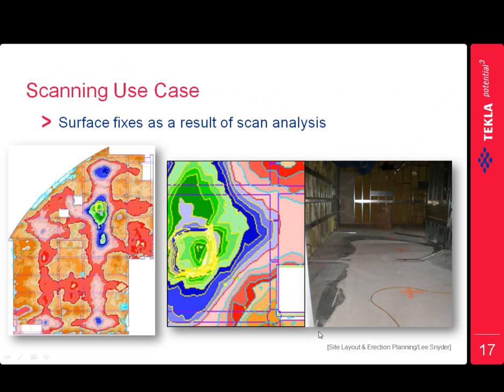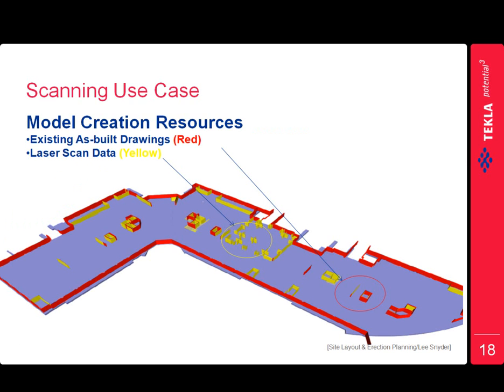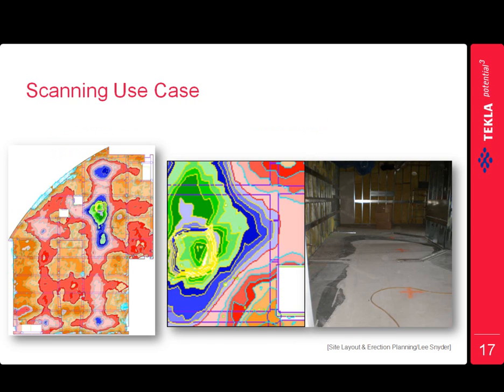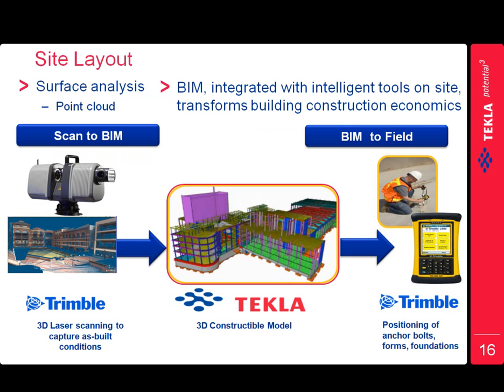Here it's been used just to scan floor surface analysis, for example, and you can create these maps of hot and cold areas, or high and low spots, based on the point cloud. Go back one slide, yeah, or back 2 slides now. So that once you've got that, we're working on ways to get that into the Tekla model, and then use that to lay out any retrofit structure or anything like that as well.